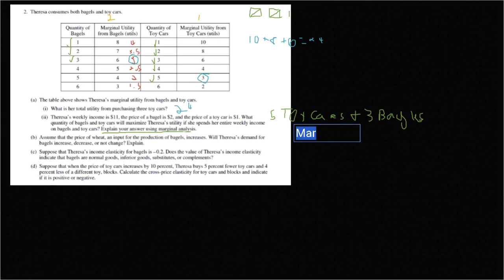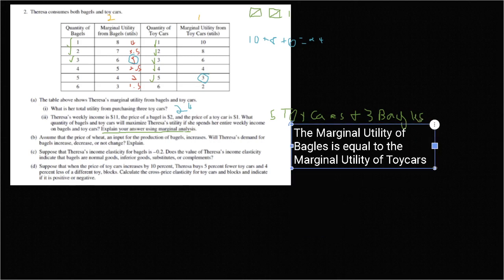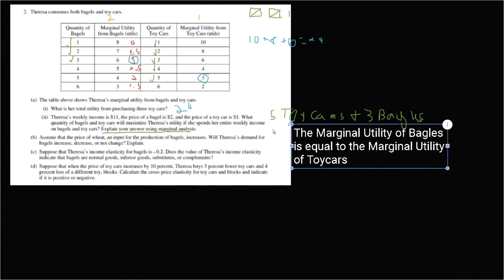The marginal utility of bagels is equal to the marginal utility of toy cars.